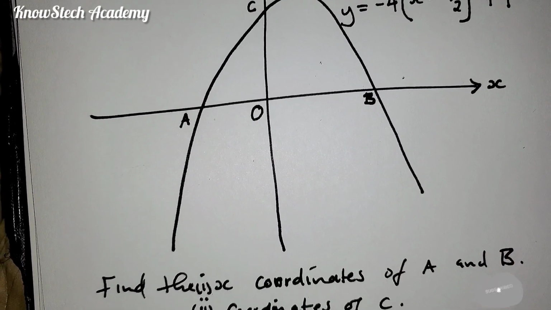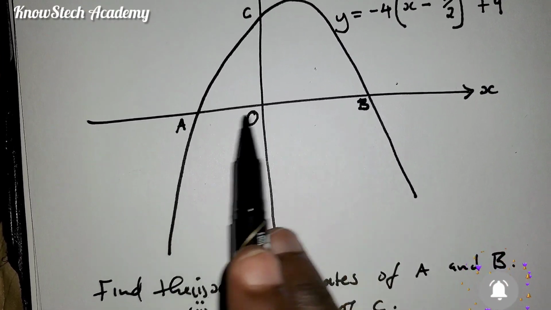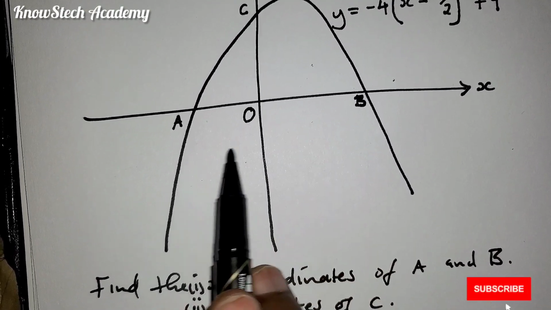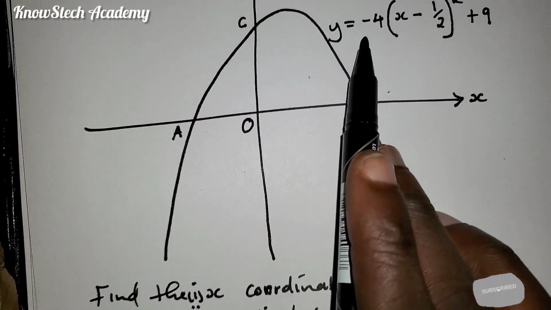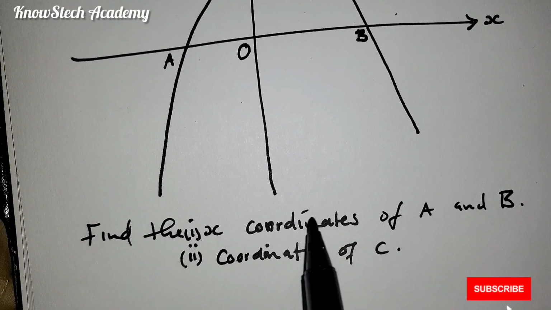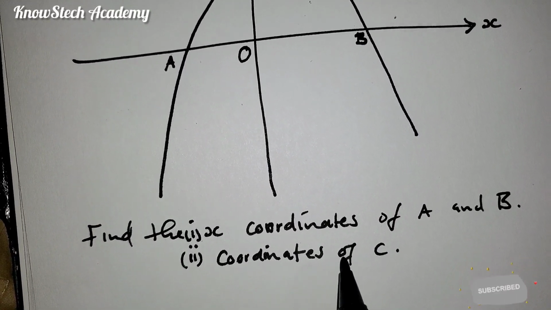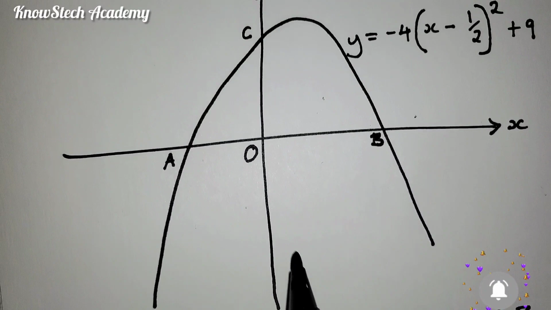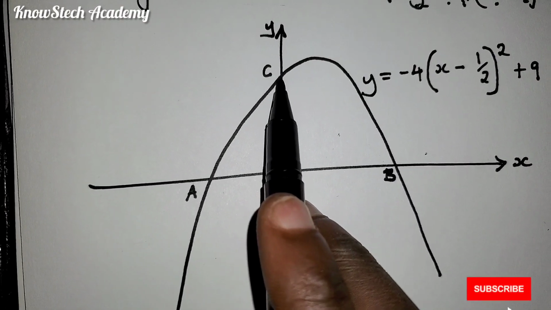I mean the x coordinates of A and B, just the x coordinates, which is just the roots of this curve. And you are also asked to find the coordinates of C here.